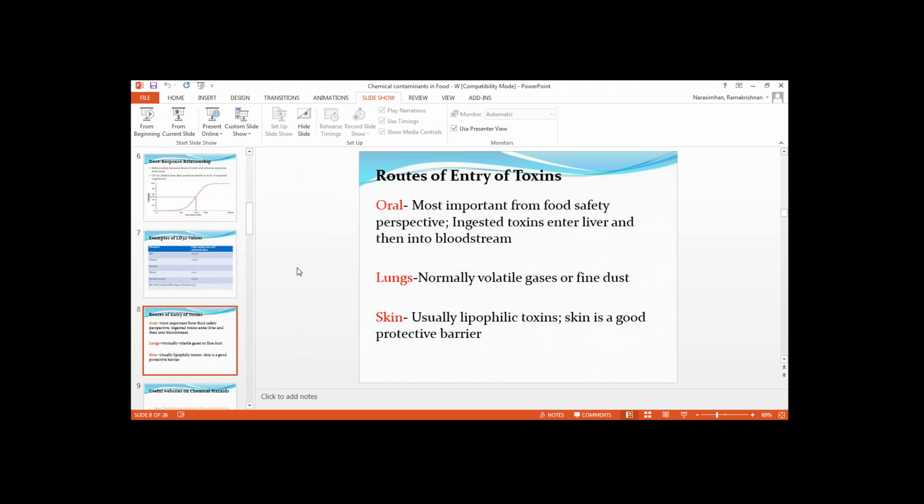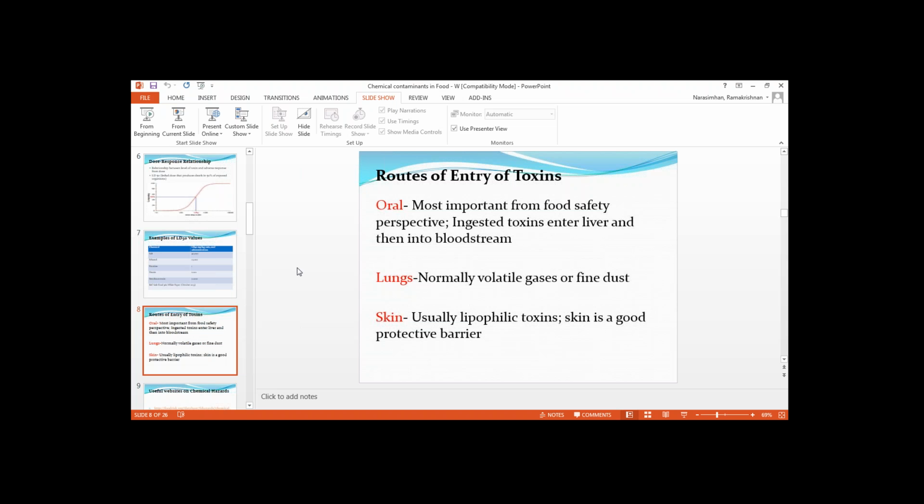How about routes of entry of toxins? Toxins can enter the body through a number of routes of exposure. The most important is oral. The gastrointestinal tract is basically designed to absorb a variety of chemicals. It cannot distinguish food molecules from toxic chemicals.